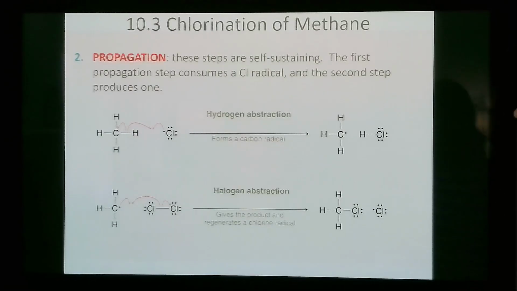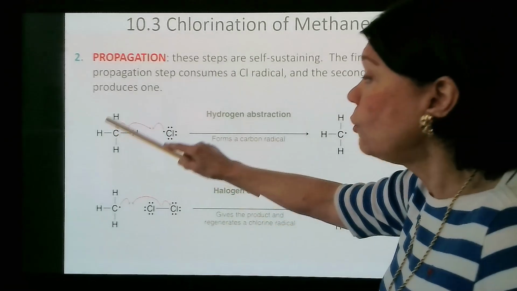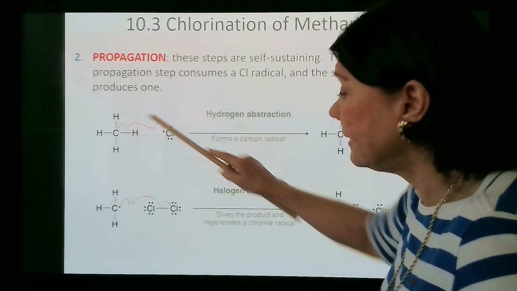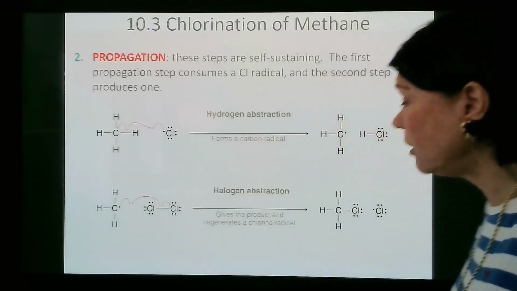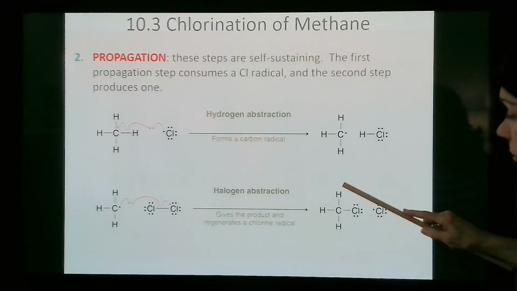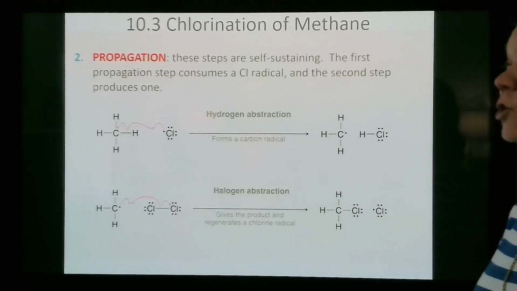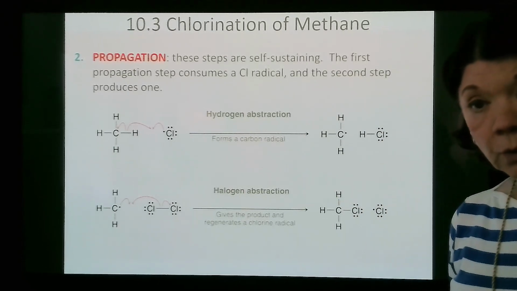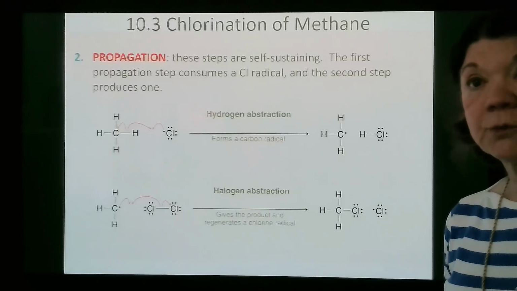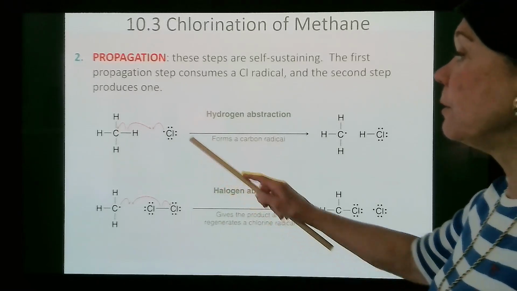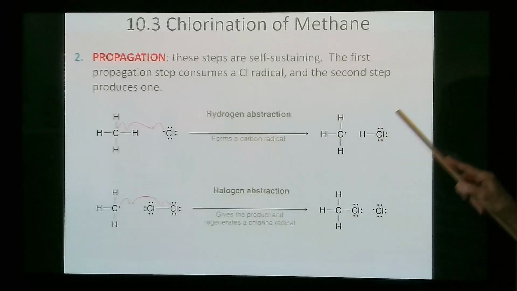Now, let's look at this again. Here's one of the reactants, here's your other reactant, and you're converting them to your two products. That is what your propagation steps must do. Your propagation steps must convert the reactants to the products.